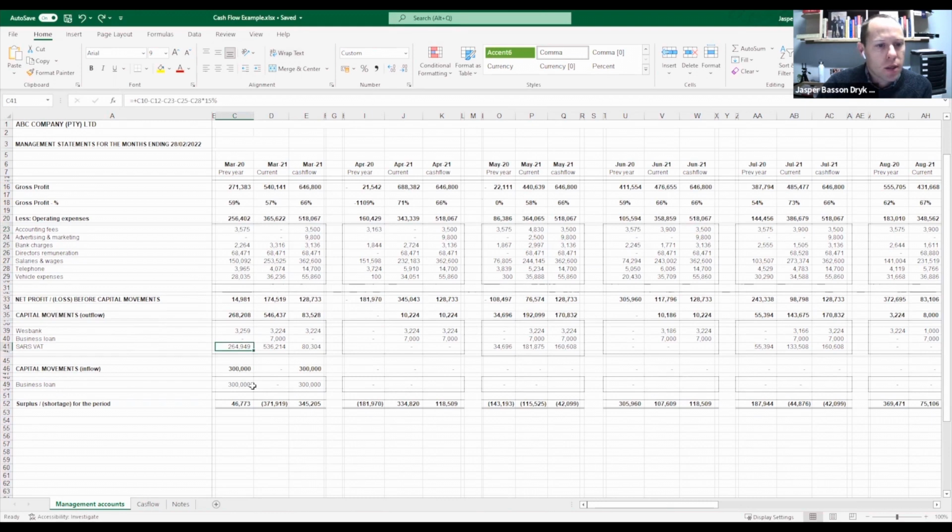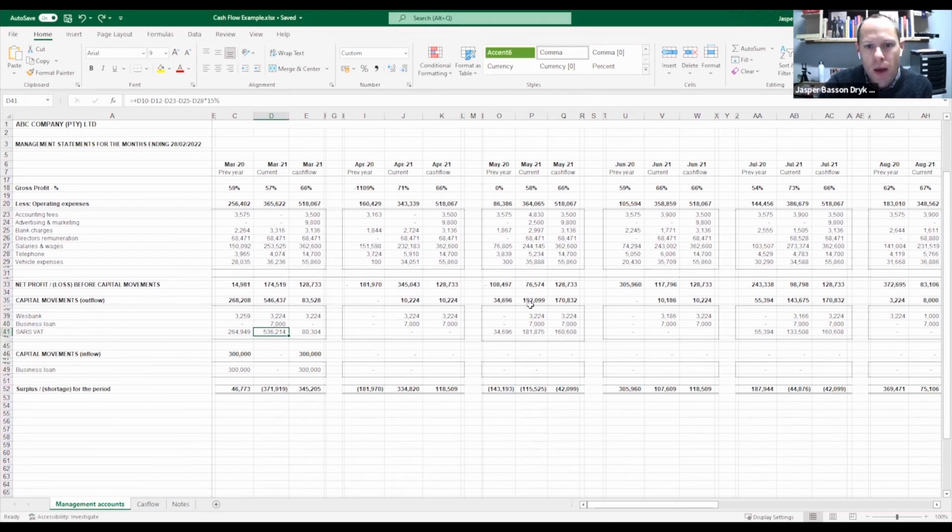Right, in this exercise, you will see my SARS VAT was a massive difference, and there could be various reasons for that, but that obviously is a massive difference, and I need to go see why they estimate that amount so wrong. So we'll see if you go to May month, they are closer to my budget.